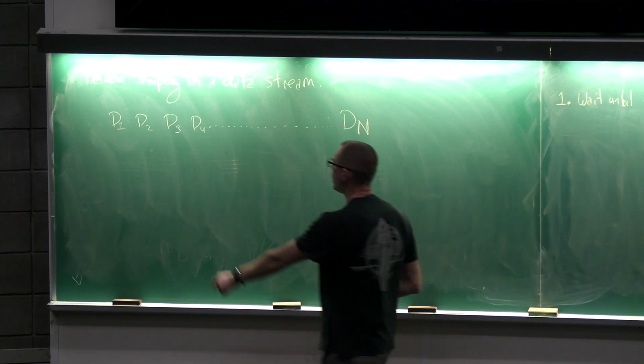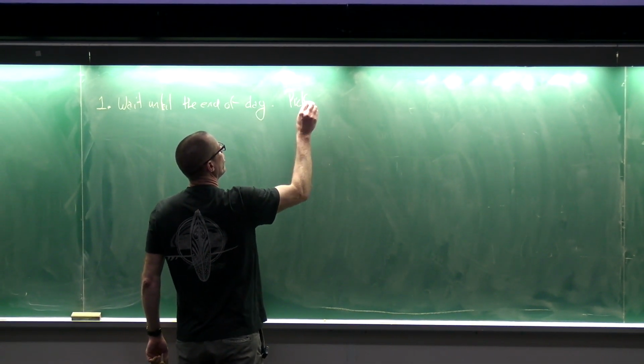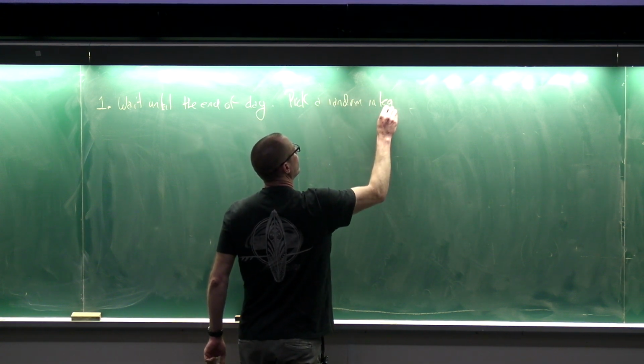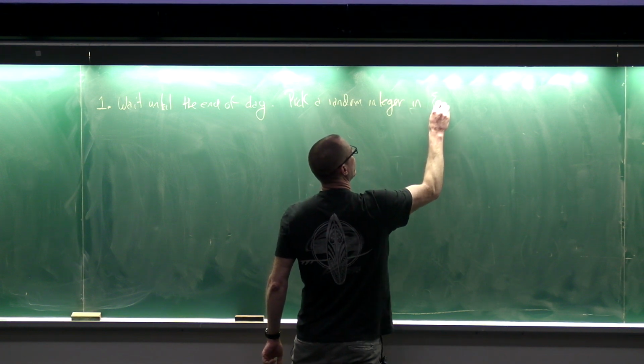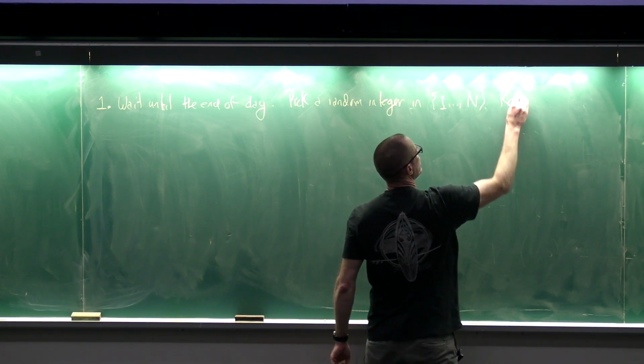Now you know how much data has come in, and then pick a random integer in 1 up to N, and return D_N.